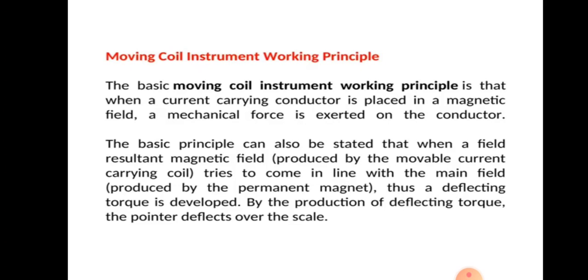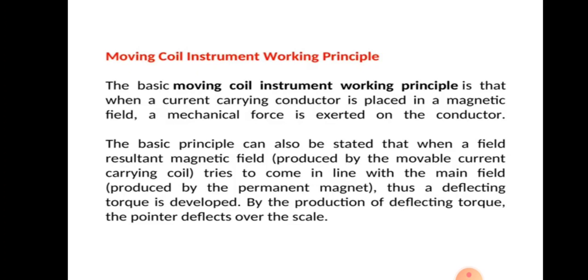So the basic principle can also be stated that the resultant magnetic field tries to come in line with the main field, thus a deflecting torque is developed. So when the magnetic field is applied and the current is passed through the conductor, the mechanical force will be exerted on the conductor and it will try to come in line with the main field.